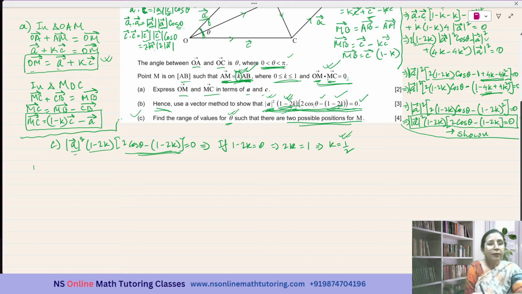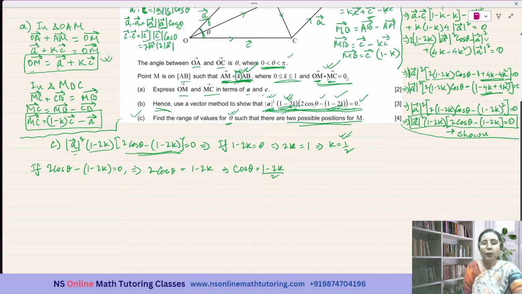If 2 cos theta minus 1 minus 2k is equal to 0, this implies that 2 cos theta is equal to 1 minus 2k, or cos theta equal to (1 minus 2k) over 2.